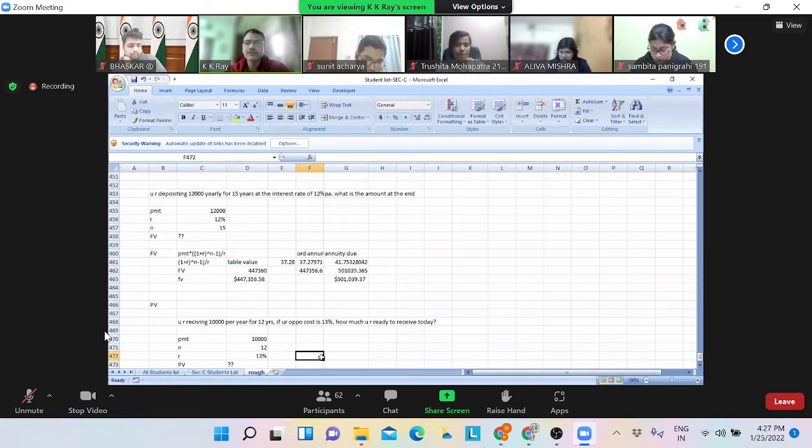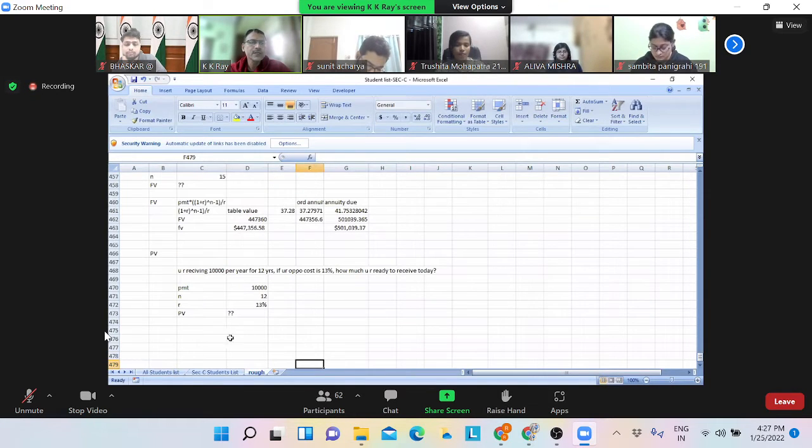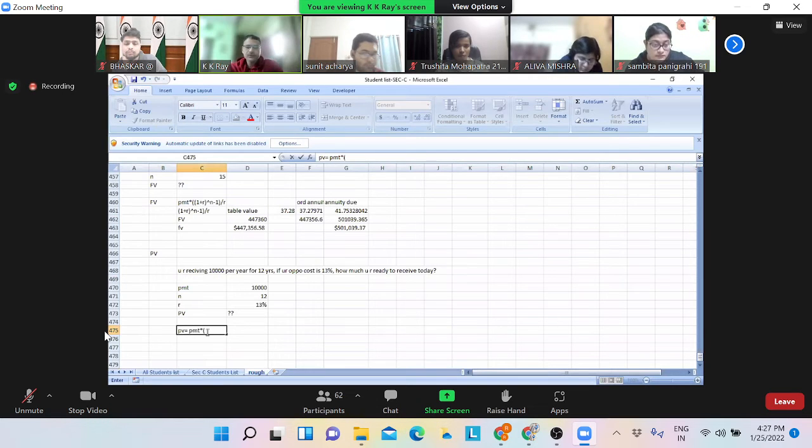Can you please tell me the present value here equals PMT into 1 minus (1 plus R) to the power minus n, divided by R. This is the case.